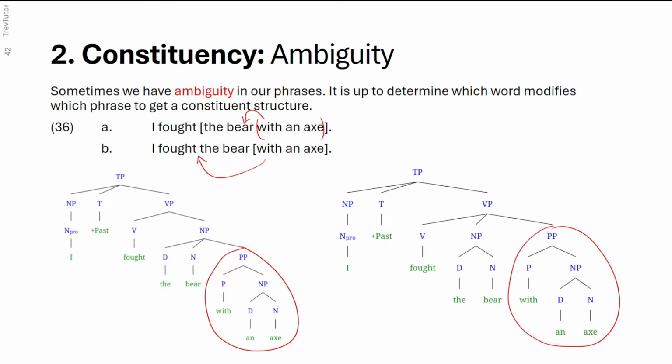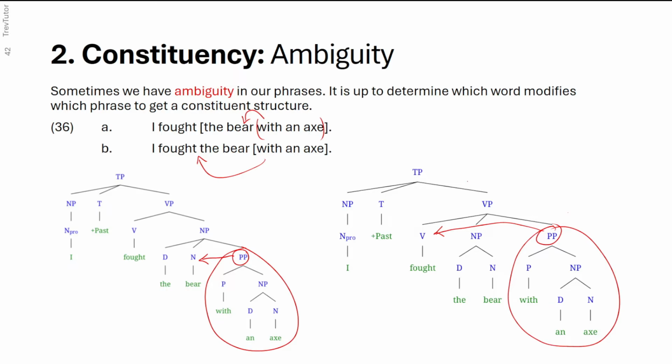So in the case where the bear has an axe, the prepositional phrase is right beside the noun bear. So it's underneath the noun phrase because the prepositional phrase is modifying the noun. In the case of fought the bear with an axe, the prepositional phrase is under the verb phrase, so it's beside the verb, not directly beside, but it's sisters with the verb, because it's describing the verb.